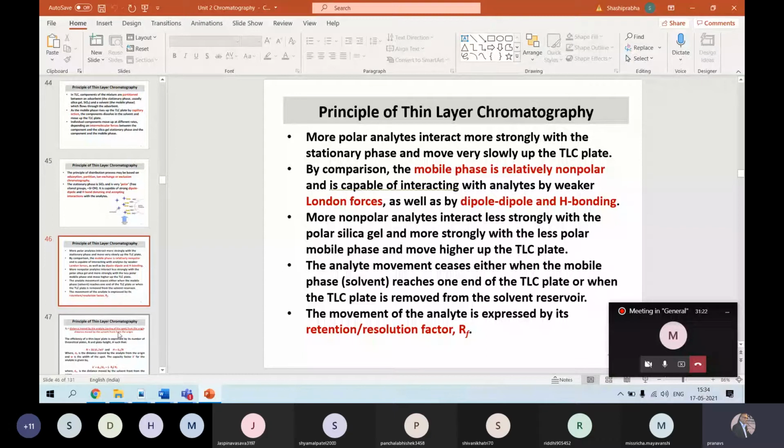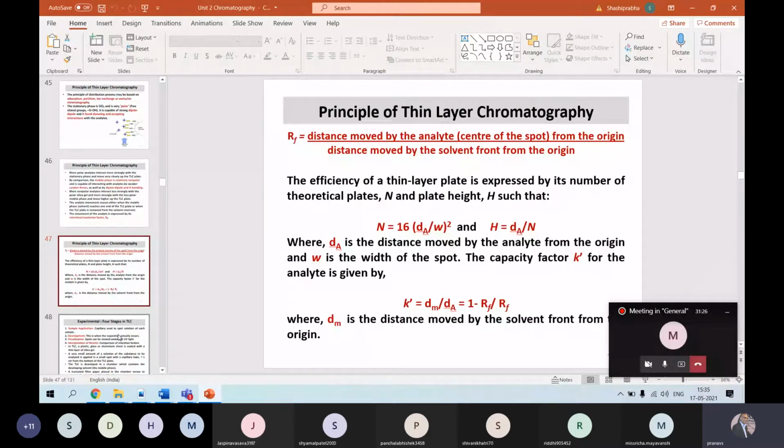So RF, now what is the RF value, how is it calculated, that I suppose you have already done at some point of time. RF value is the distance moved by the analyte, from the center of the spot, from the origin, upon the distance moved by the solvent front from the origin, from the starting line. From the starting line is your origin.